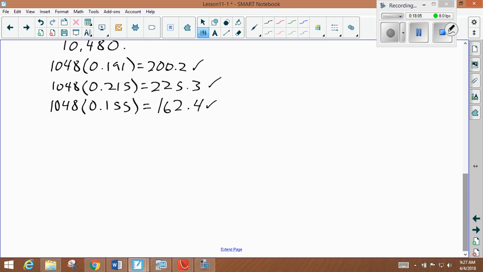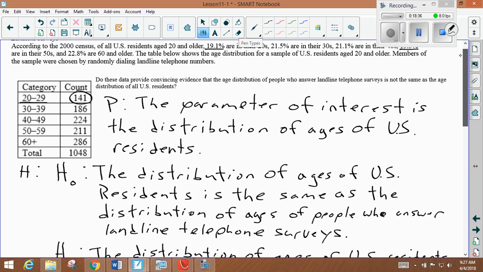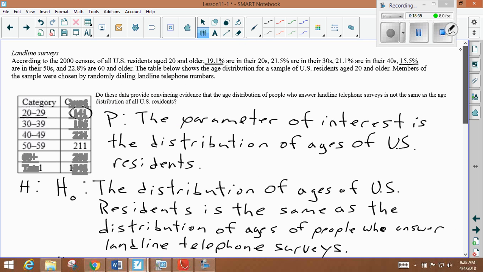I feel like we're missing one. We did 19%, we did 21.5%, 15%, 21.1. I am sorry, I put the wrong one for the 40s. I'm not sure how I did that. Did I underline the wrong thing? Oh, I went backwards.